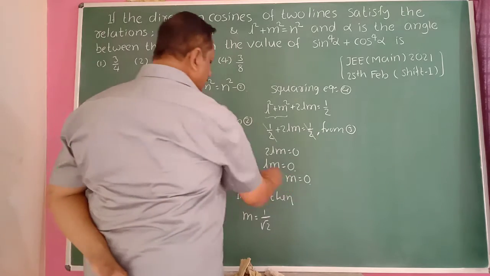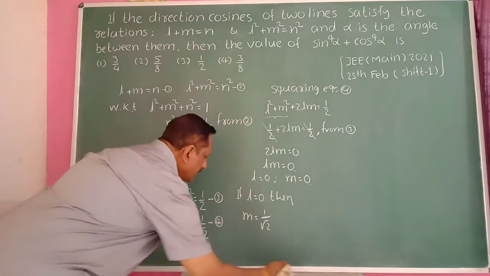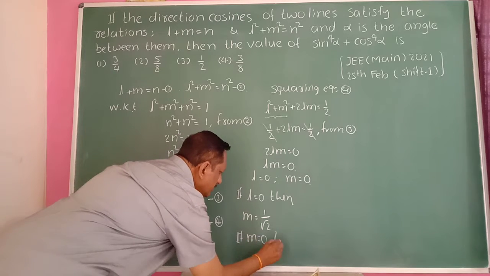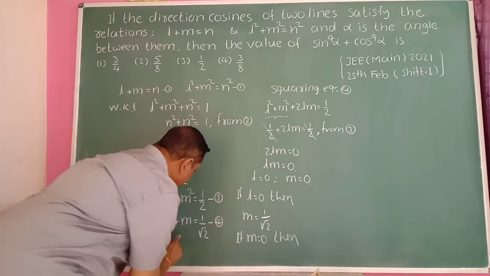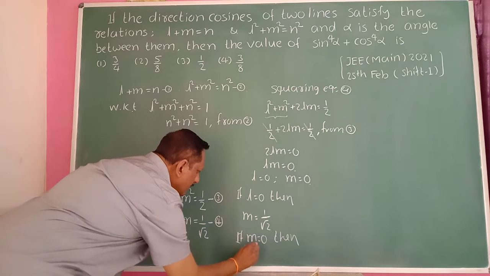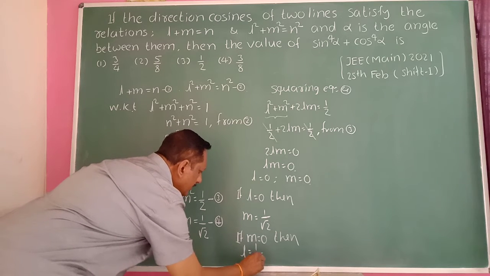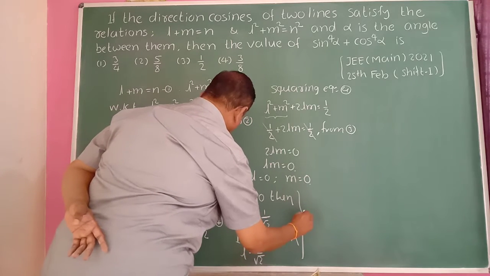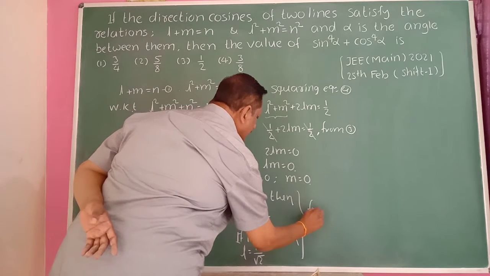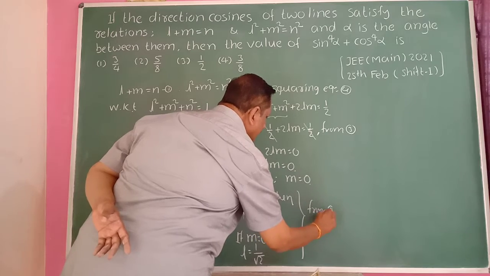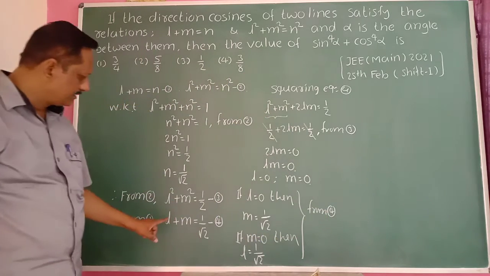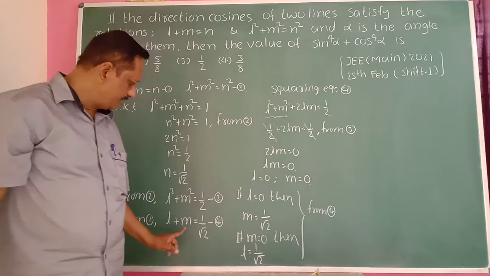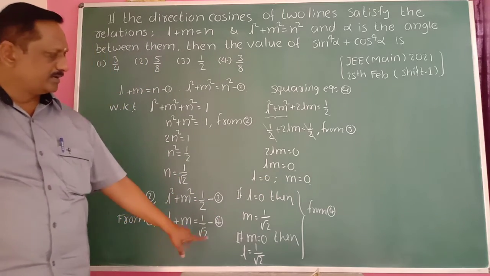If m = 0, then l = 1/√2. So these two are from equation 4. Put l = 0 here, m is 1/√2. If m is 0, then l becomes 1/√2.